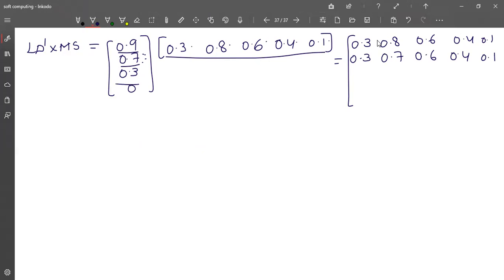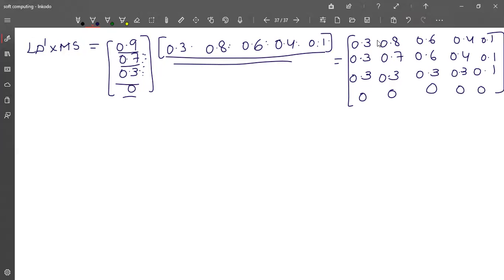Now 0.3 with 0.3 is 0.3, with 0.8 is 0.3, with 0.6 is 0.3, with 0.4 is 0.3, with 0.1 is 0.1. Now 0 is less than all of these, so we write 0, 0, 0, 0, 0.